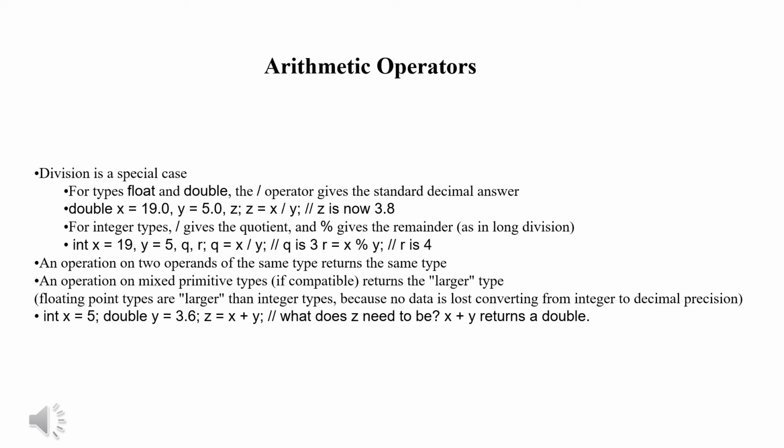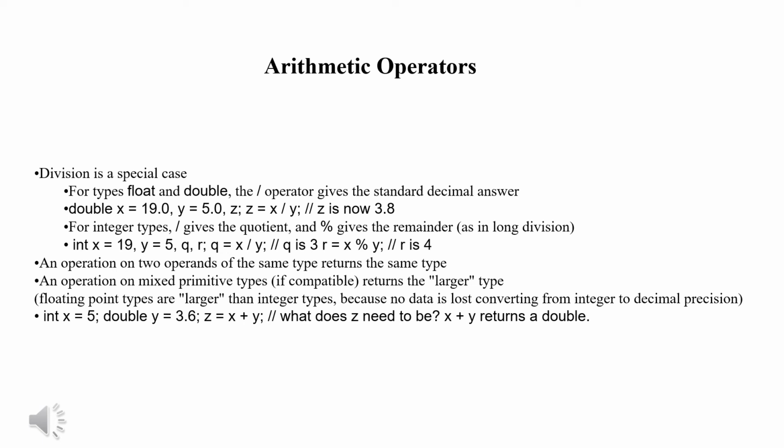So as you see here in this line of code, we have double x equals 19, y equals 5, z, and z equals x divided by y, right? So the final result for z is 19 divided by 5, which is 3.8.